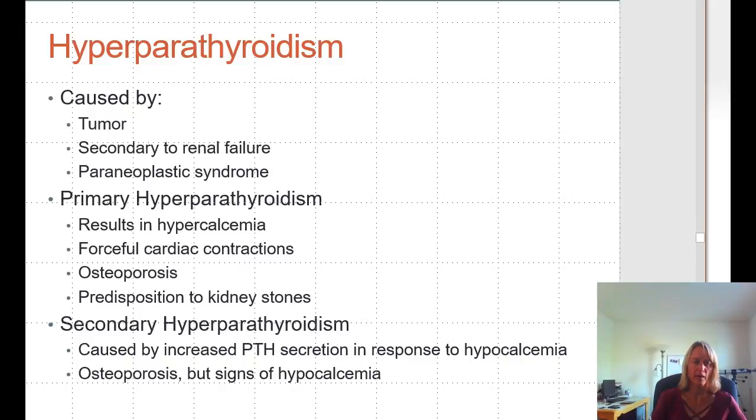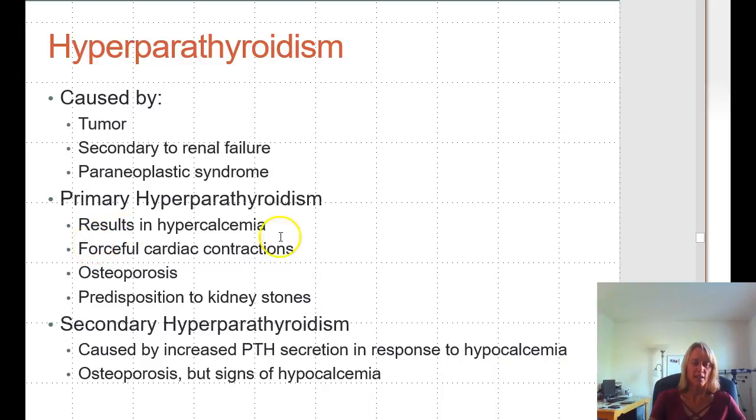Hyperparathyroidism can be caused by a benign pituitary tumor. It can also be caused as a secondary response to renal failure, or it could be caused by a paraneoplastic syndrome. Primary hyperparathyroidism, so this is due to a tumor, like of the parathyroid gland, producing too much parathyroid hormone.